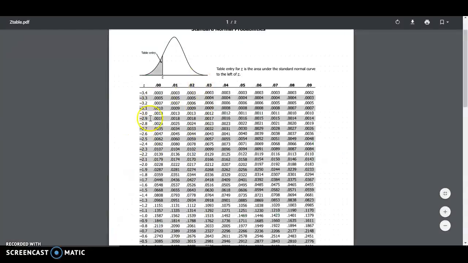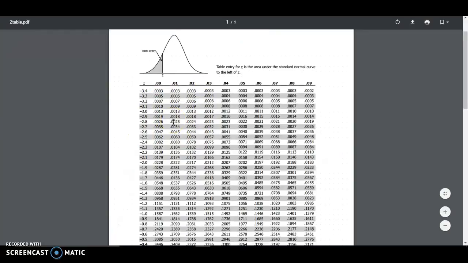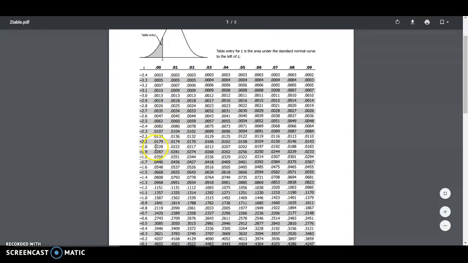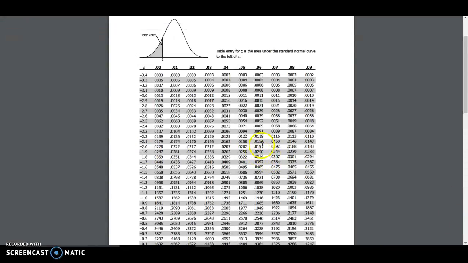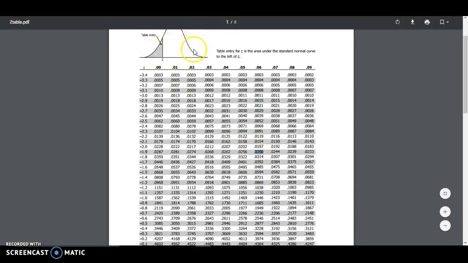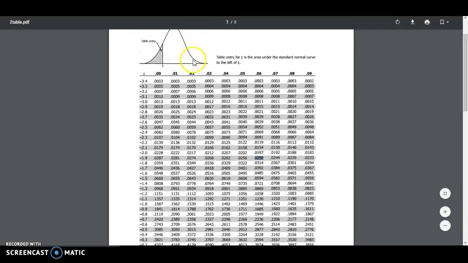If I pull up a table, we're looking for about 2.5%, and we know that should happen around 2. But it's actually not exactly 2, as you can see. We can get a little bit closer, and it happens right here at 1.96. We have 2.5% on one side, and since this is normal and symmetrical, the other side should be the same.